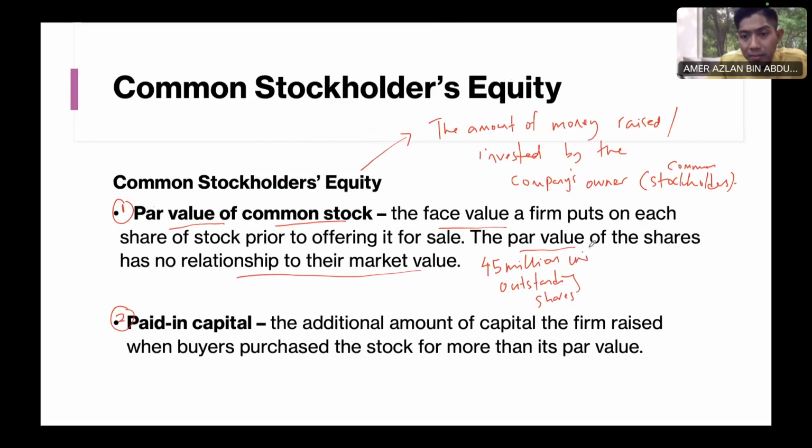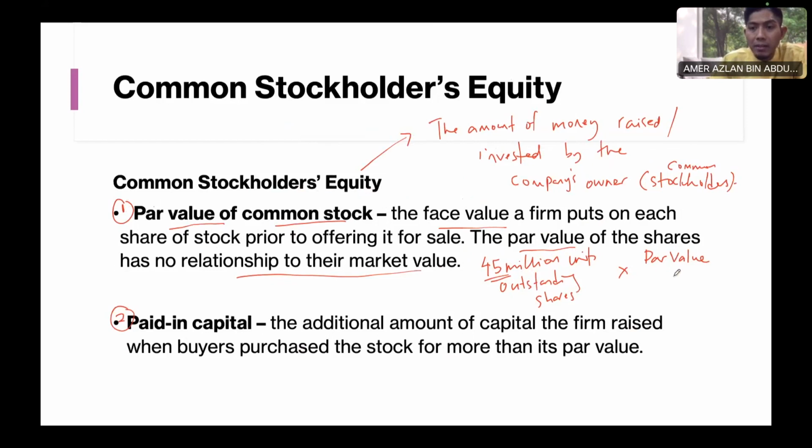Meaning, 45 million shares have been owned by the stockholders, times the par value. Par value means the face value or the real value of the stocks before this stock is offered for sale.